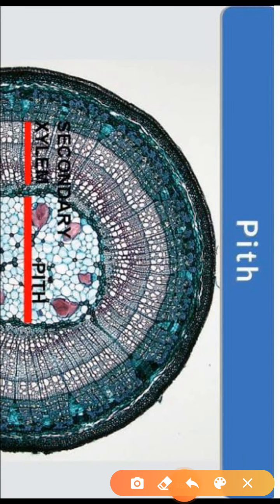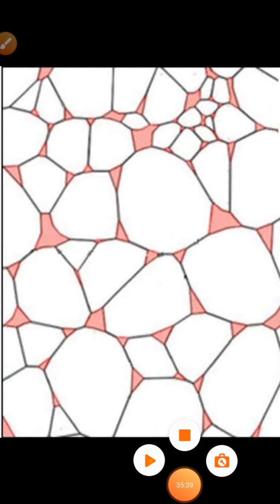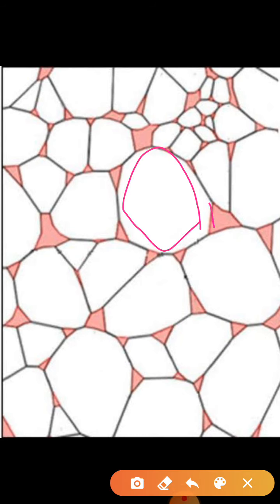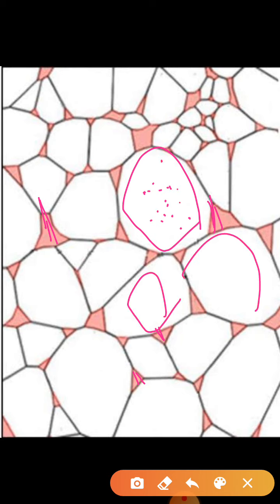Next, pith is always present at the center. It has parenchyma cells with intercellular spaces like cortex, and it stores food like cortex.